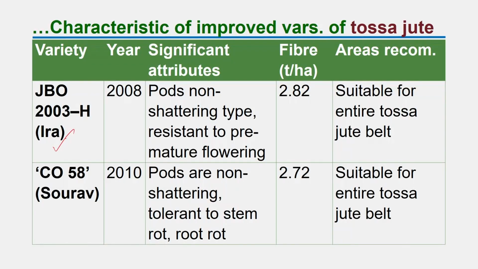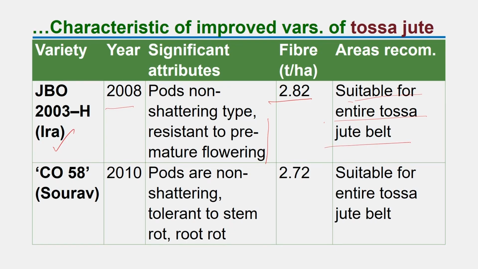Wherever Tosa is grown, it is fit for that area. JBO 2003H, which is also known as IRA, released in 2008. Pods are non-shattering type and resistant to premature flowering. Yield potential is 2.82 tons fiber per hectare, and it is suitable for entire Tosa jute belt.